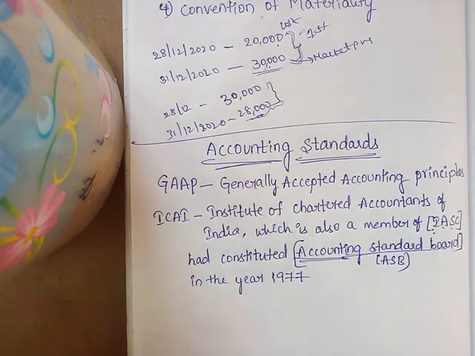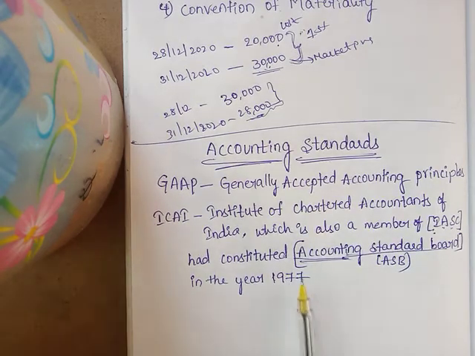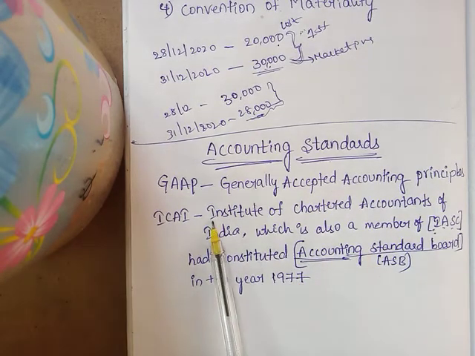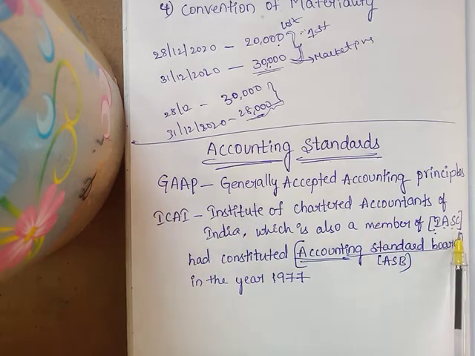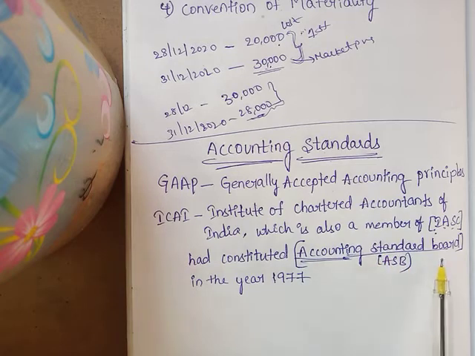So ICAI and IASC constituted this Accounting Standard Board in 1977. This board identifies the areas in which uniformity in accounting was required.